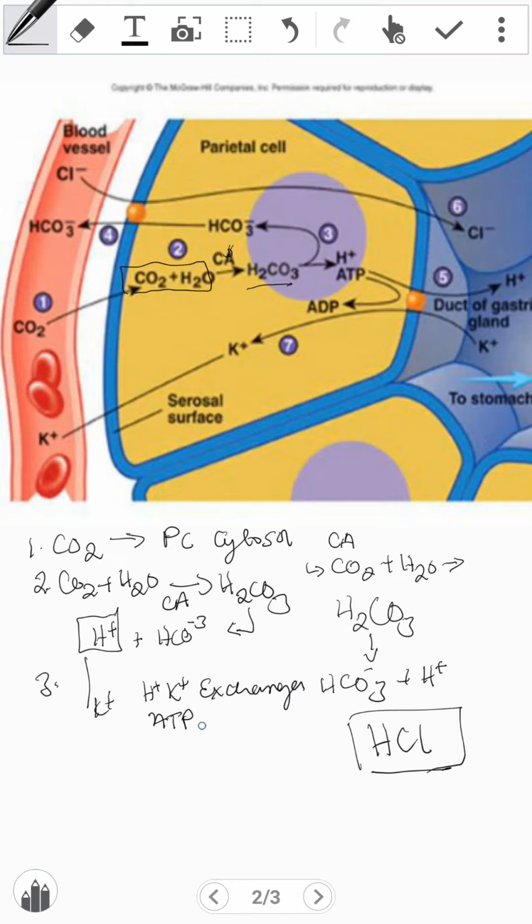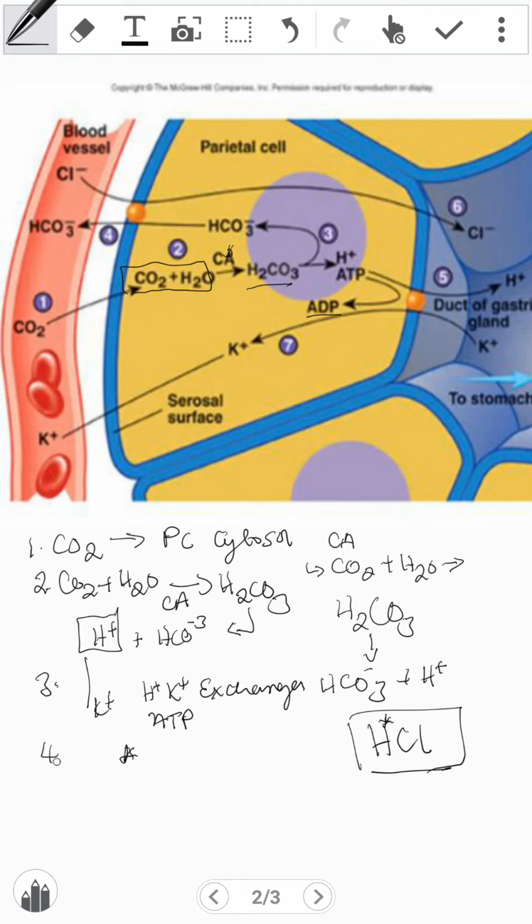It works by breaking down ATP, and once ATP is broken down to ADP and a phosphate, we have potassium coming into the cell and hydrogen being pumped into the lumen. And so we have our first product of HCl, which is the hydrogen itself.